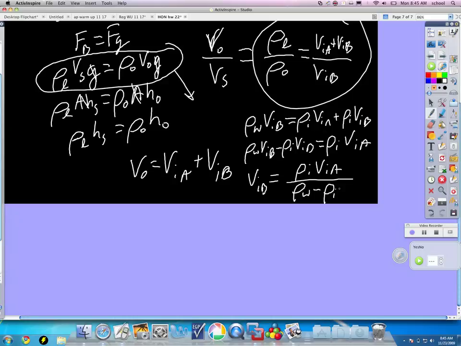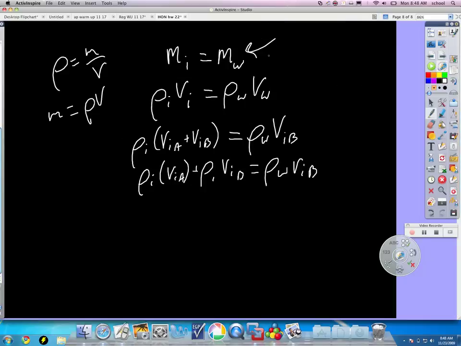The mass of the ice is the density of the ice times the total volume of the ice. And this one is the mass of the water, the density of the water times the water volume. Well, total mass has to include the mass above and the mass below. And is it not true that the volume of the displaced water is the volume of the ice below the water?